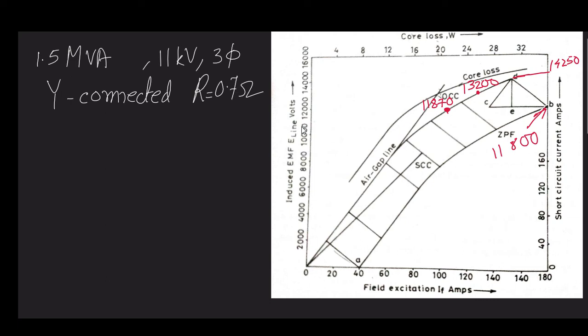Then for 50 it is 6650. For 40 this much is 0. So two points on our zero power factor are mentioned.